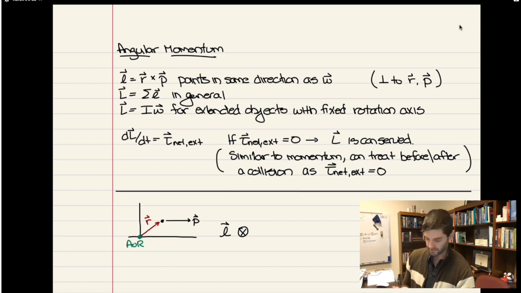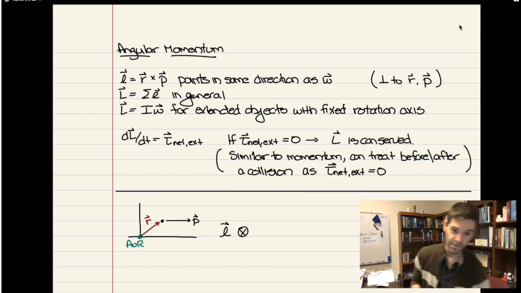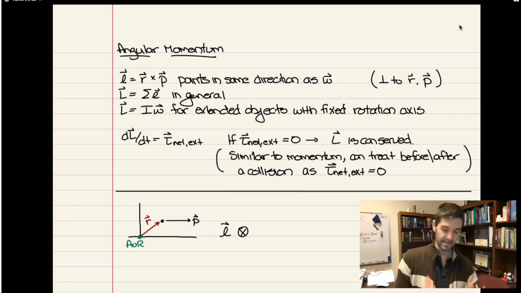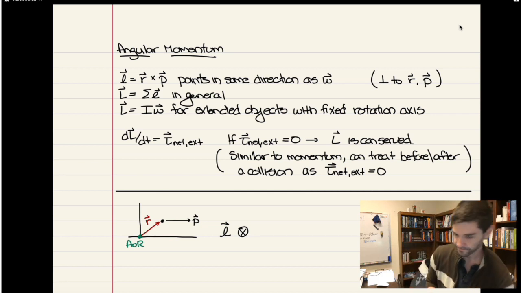And then similar to momentum, we looked at how the total momentum of the system is changing. For regular momentum, it was the net external force that changed the momentum of the entire system. For angular momentum, it is the net external torque that changes the angular momentum of the system. And just like what we did for linear momentum, if that net external torque is 0, then that says that angular momentum of the system is conserved.